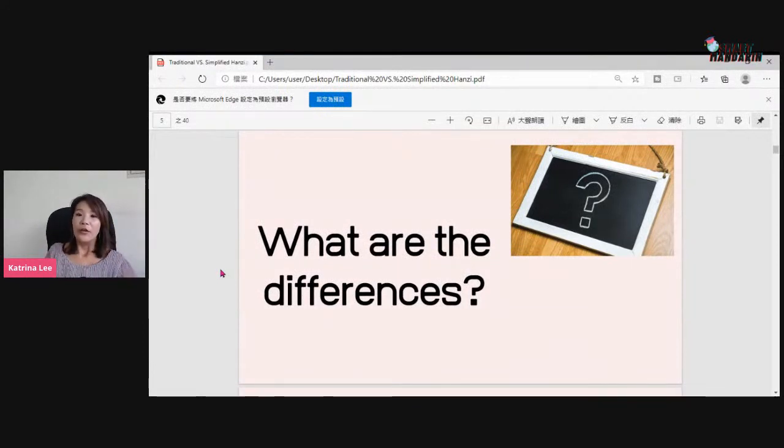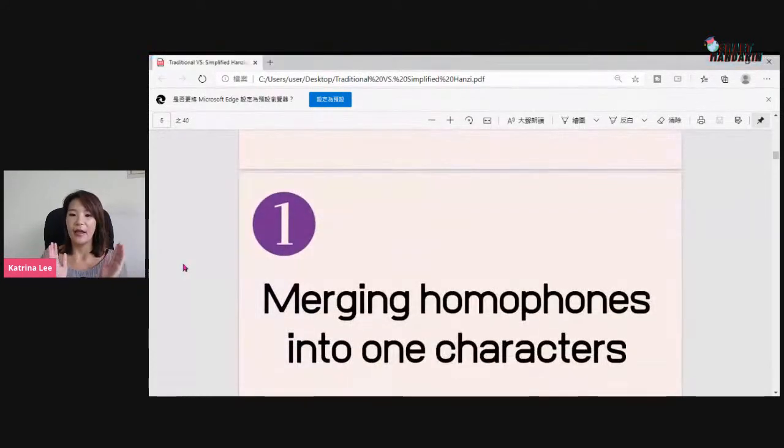So now let's talk about what the differences are. Now we know where people use simplified and where people use traditional. Now let's talk about the differences. Okay.